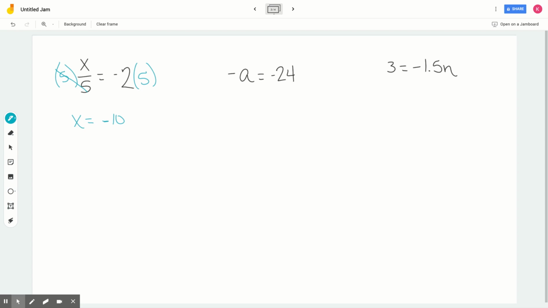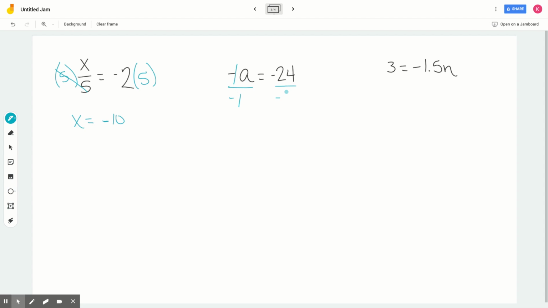Now, if we look at number 2, we have -a equals -24. Now, remember, what goes in front of a variable if there is no coefficient? If you're thinking a 1, you're correct. So this is like -1a. So in order to solve, -1 and a are being multiplied, so we need to divide.